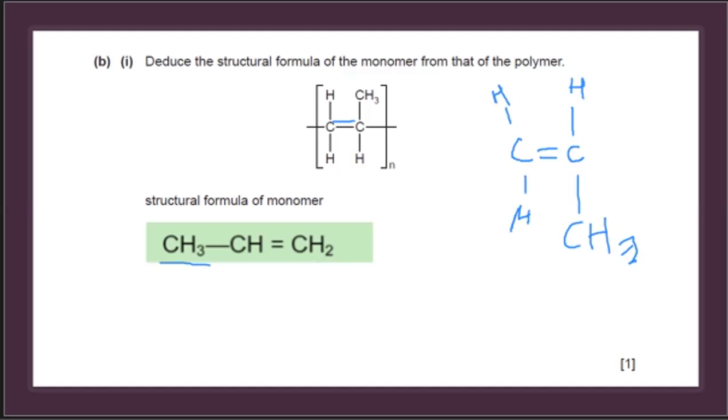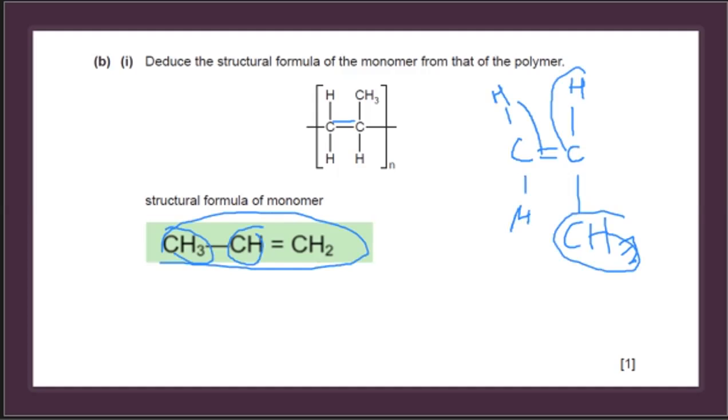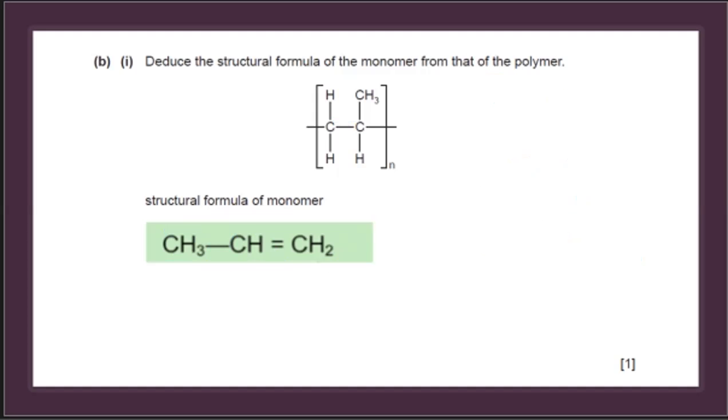All right, so this here is what you'll get, which is CH3, CH, and then double bond CH2, double bonded to CH2. In essence, it's the same thing I drew back, except I added back the double bond inside of there.